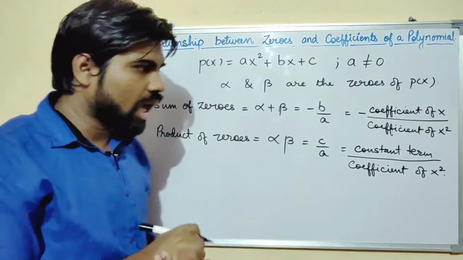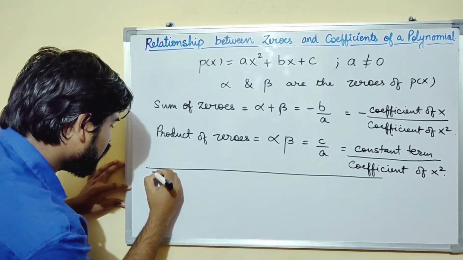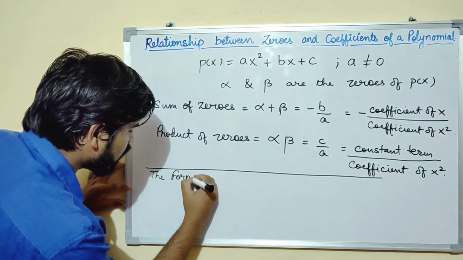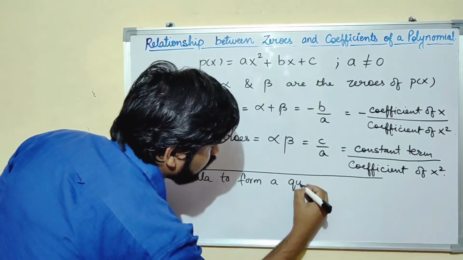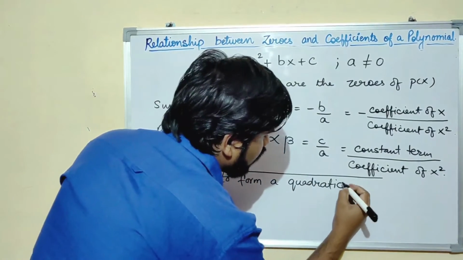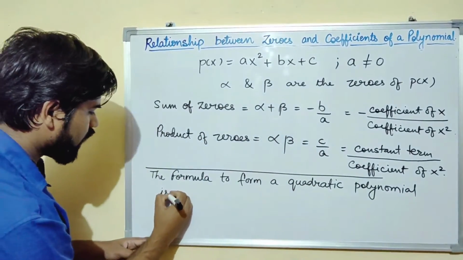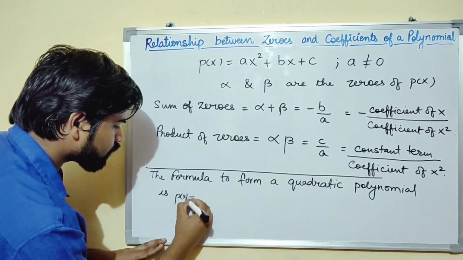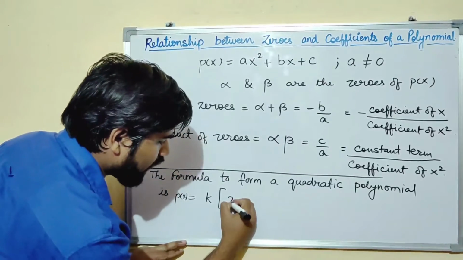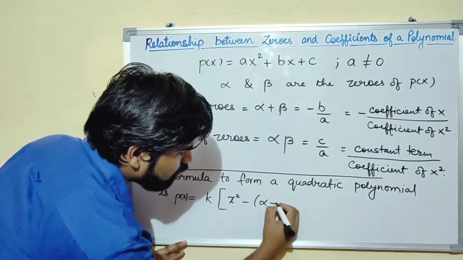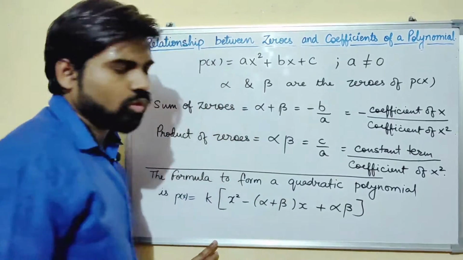The formula to form a quadratic polynomial is as follows: px equals k times x square minus alpha plus beta times x plus alpha beta, where the value of k can be any number.